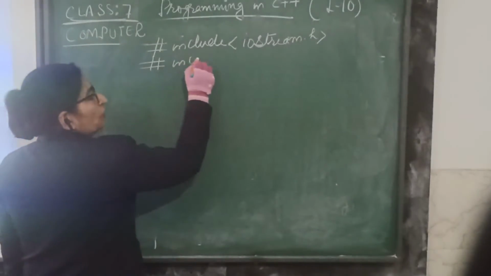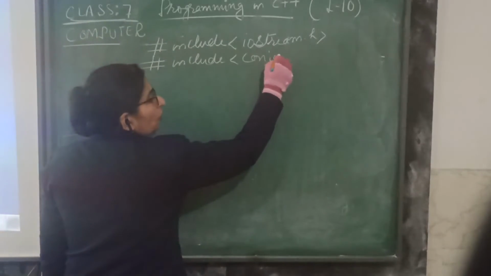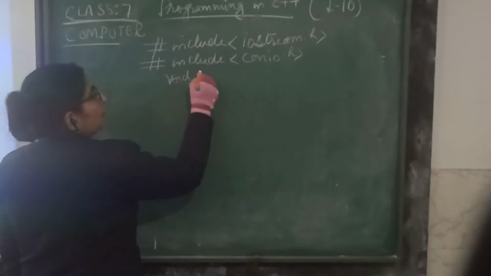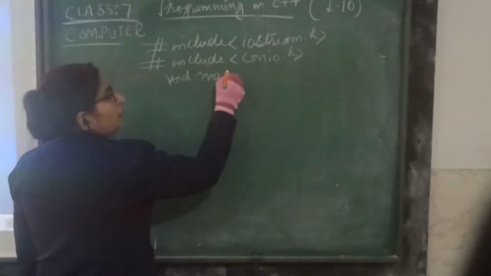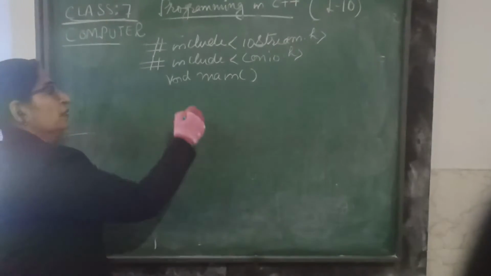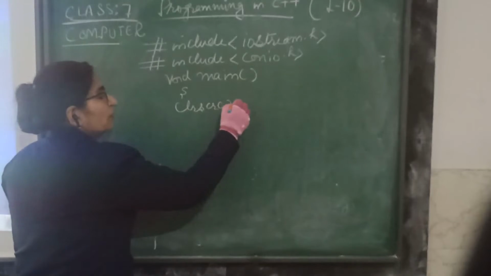Second statement we use #include <conio.h>. Void main. Main method is started. Further we start with clrscr. Here we write clrscr.